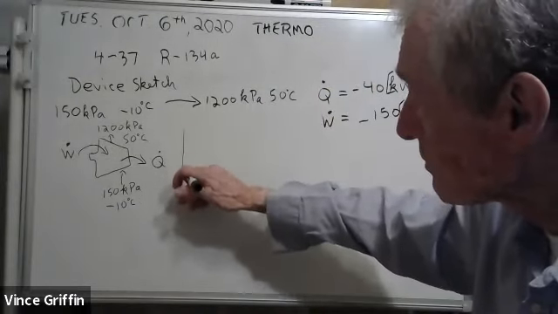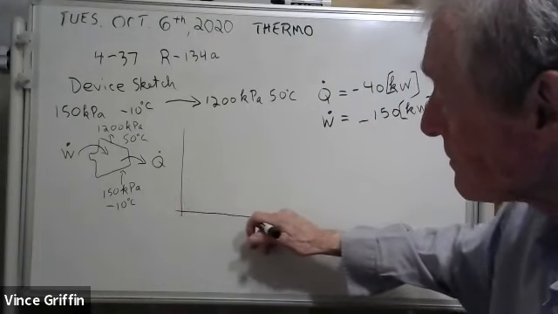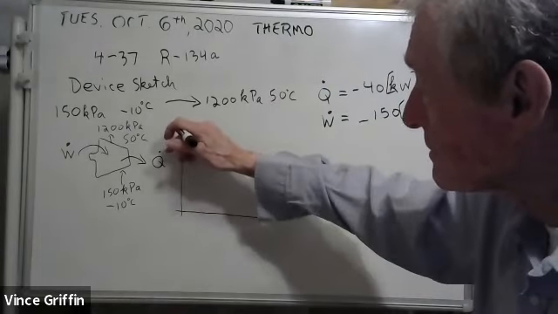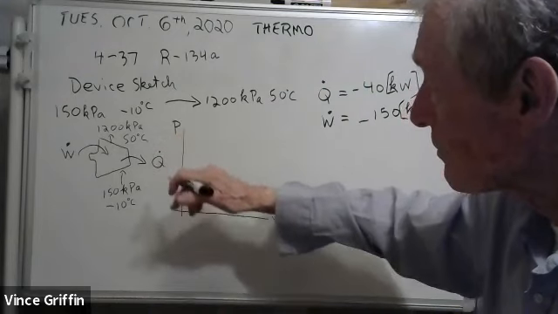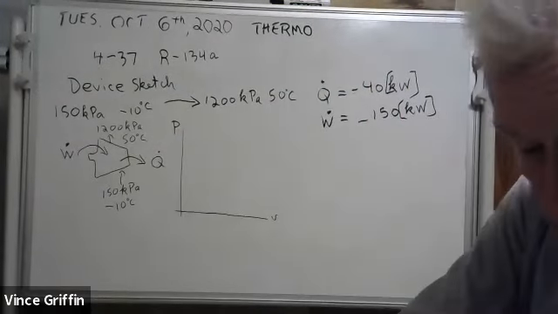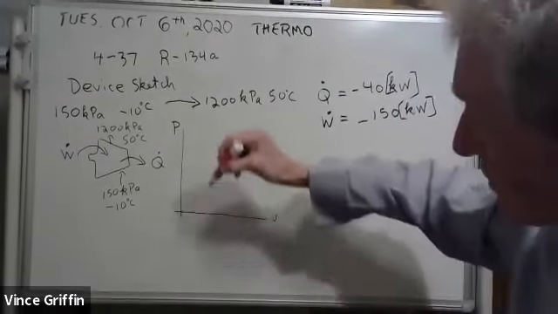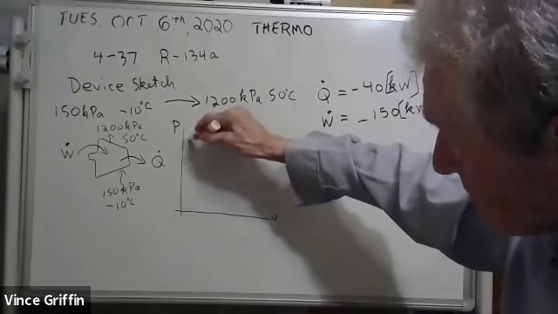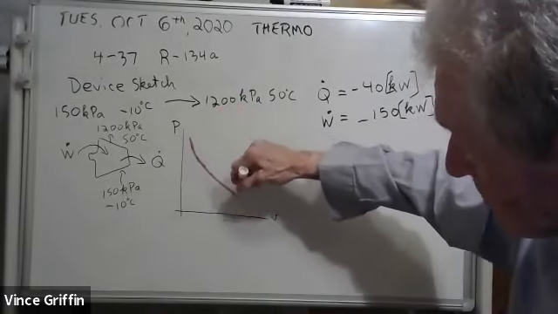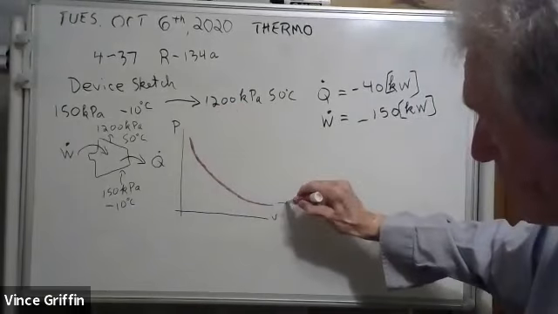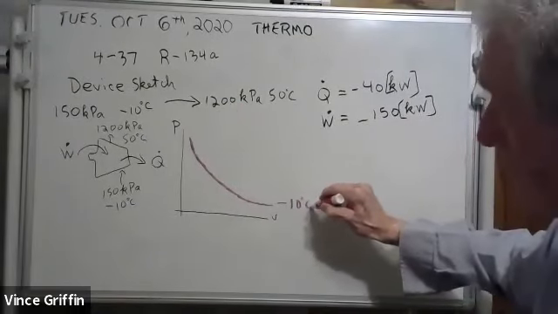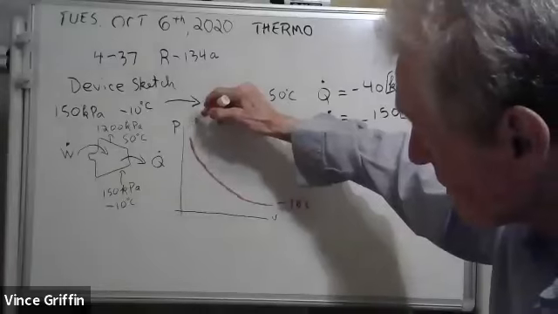Here we go. We'll do the PV diagram now. Now we need a -10. I like those in red. We're going to do our isotherms in red. Here's your -10. And here's your 50.